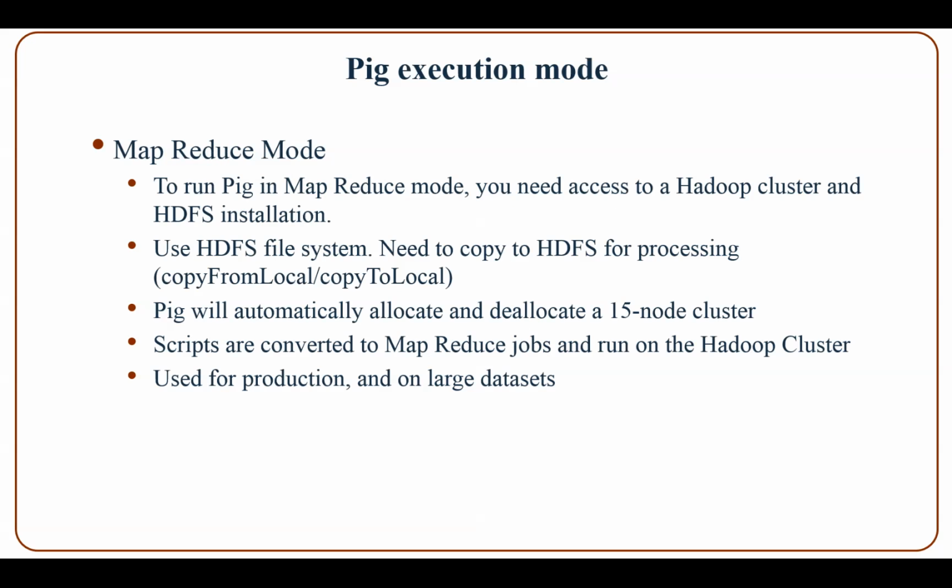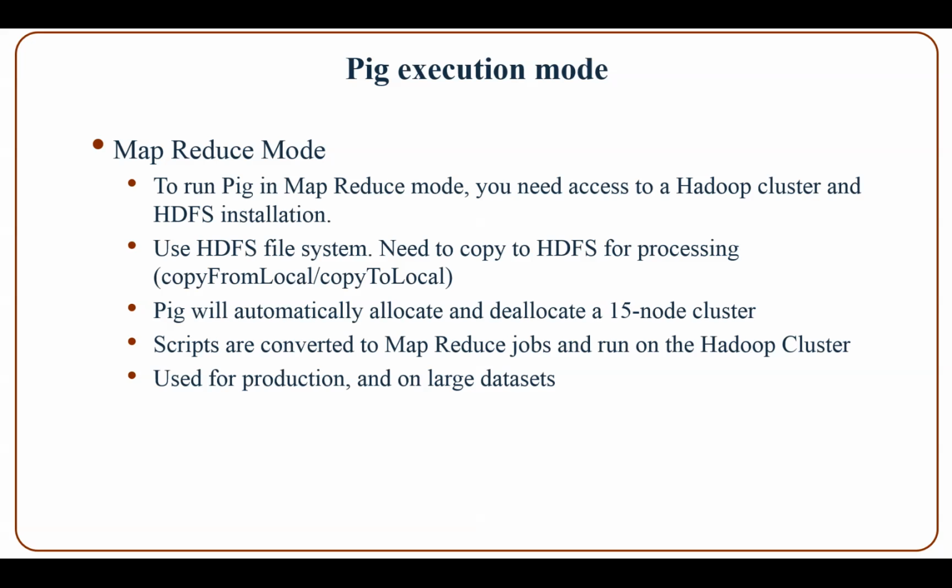The other mode is the MapReduce mode. To run Pig in the MapReduce mode, you need access to the Hadoop cluster and the HDFS installation. And it uses the HDFS file system, and you need to copy files to HDFS for processing using the copyFromLocal and copyToLocal parameters.